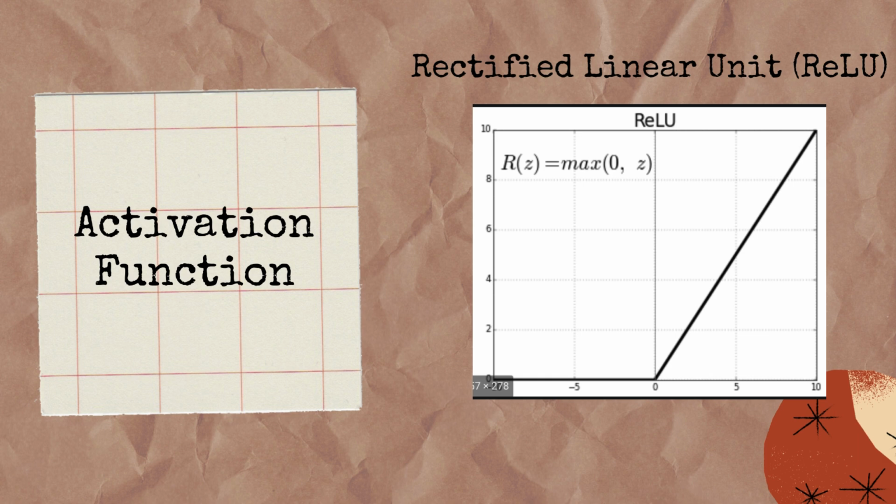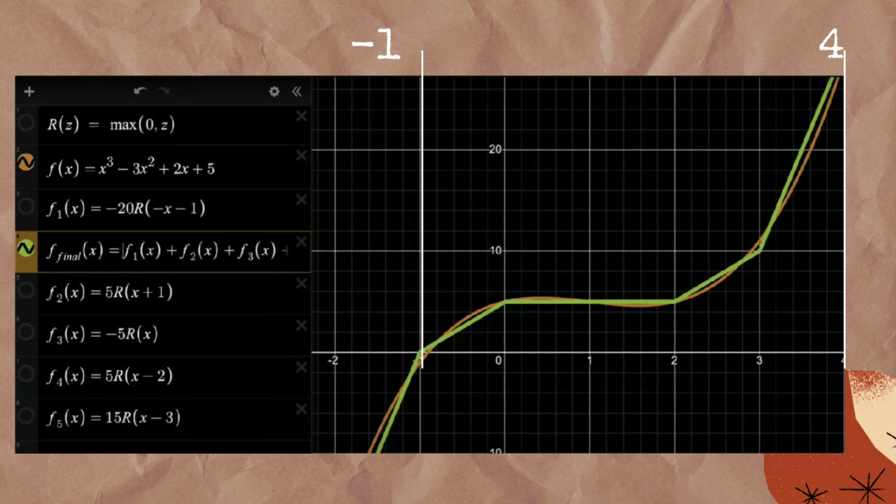Well, remember the ReLU activation function? This could actually be used to represent any type of graph, for example. Here in this screenshot from Desmos, we have an orange line depicting a polynomial graph to the power of 3, it seems.